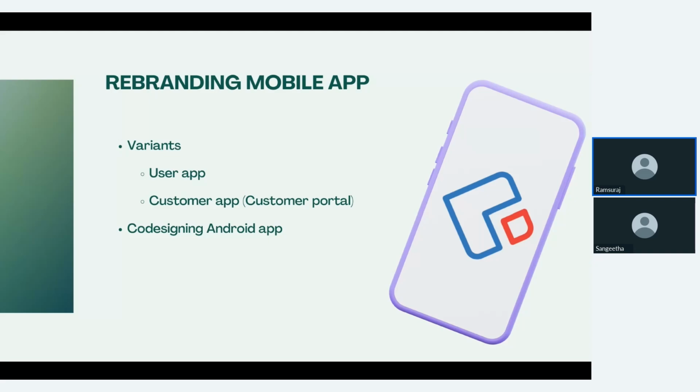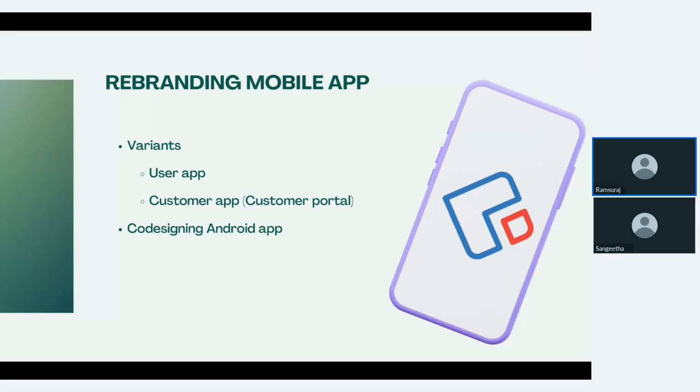If you need to rebrand it, some prerequisites regarding developer certification need to be fulfilled for the respective operating systems, for both Android and iOS. Basically, rebranding promotes brand recognition across the Play Store or App Store when you have an app under your brand name.